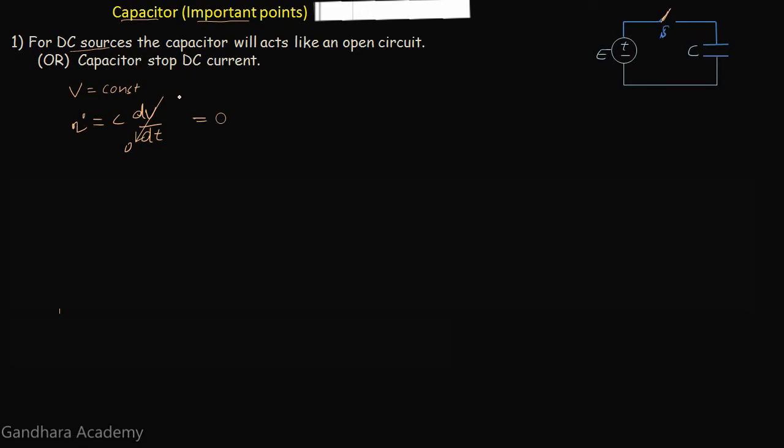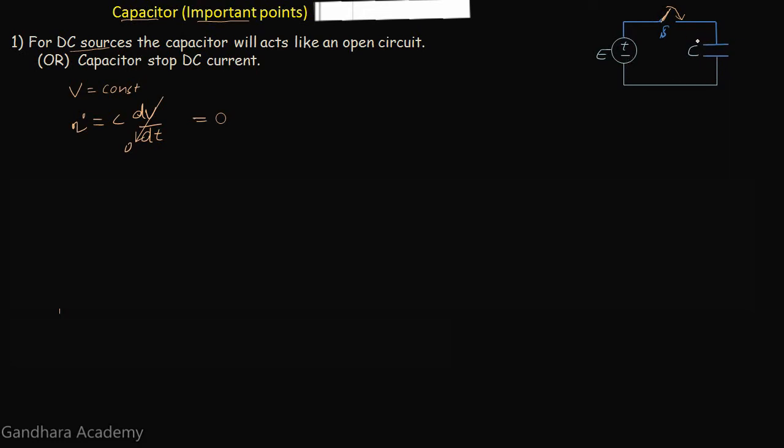To understand this point, let's take an example in which we have a capacitor connected across a DC voltage source. Initially, when this switch is open, there are no net positive and negative charges on the plates. At the instant when this switch is closed, the positive terminal of this voltage source will attract electrons from the upper plate, and the negative terminal will repel electrons towards the bottom plate.